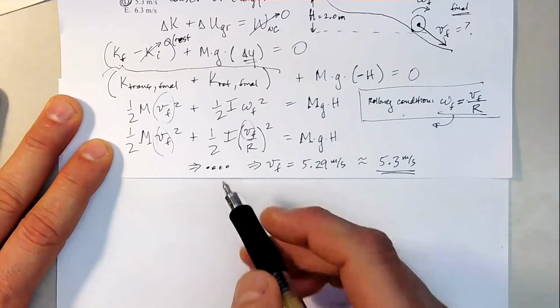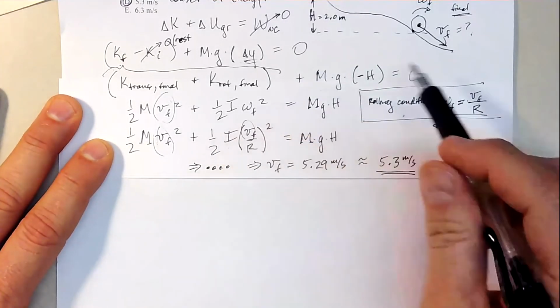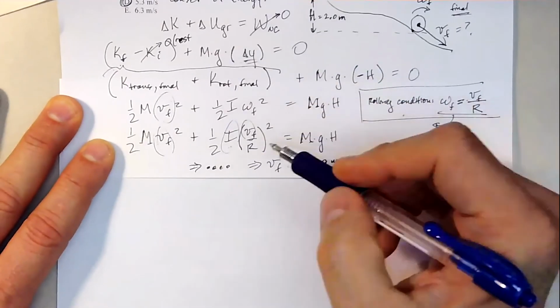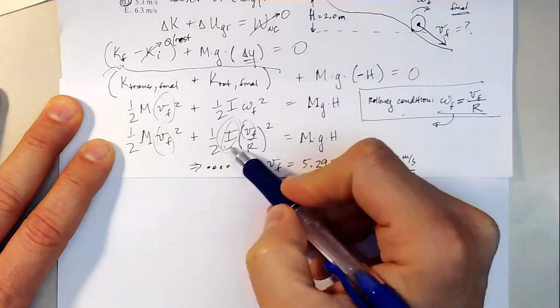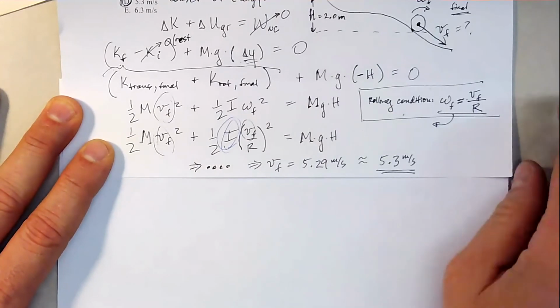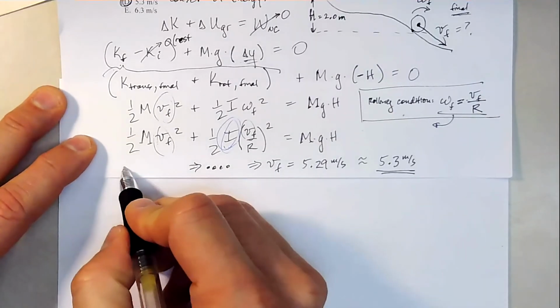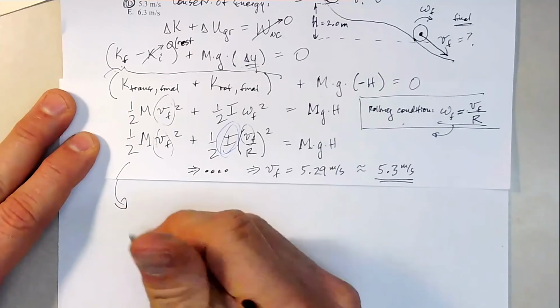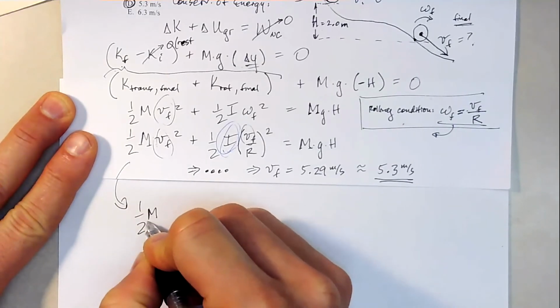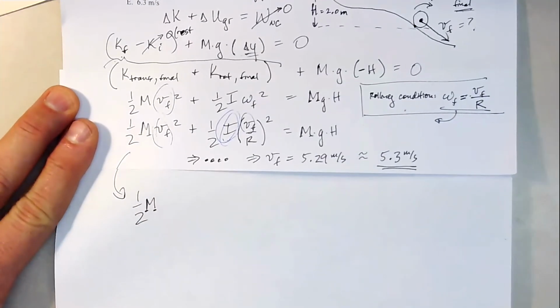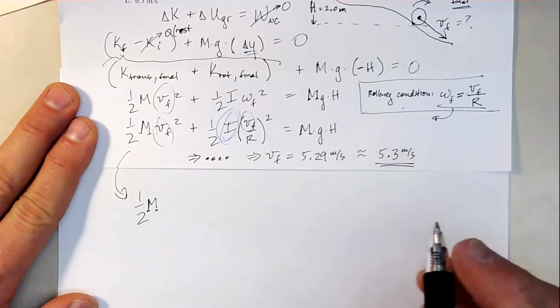What we're going to do is plug in a value for this moment of inertia. We know that the moment of inertia should be 2/5 mr squared for a solid sphere. So let's do that, do a little more algebra, and in the end it will make our final calculation simpler.